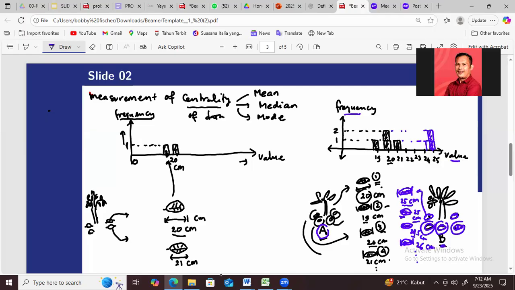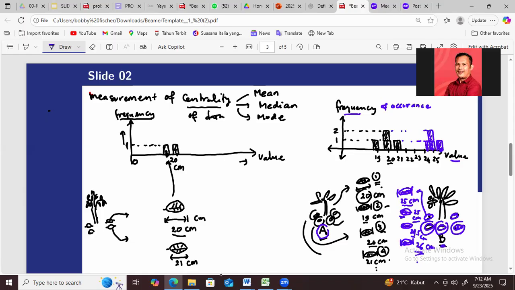You can put it here. And then the fourth leaf is 26 centimeter. 26 centimeter is here. And you have this one here. Okay. And so on and so forth. Okay. And this is what you call frequency of occurrence. Frekuensi kemunculan. Frequency of occurrence.